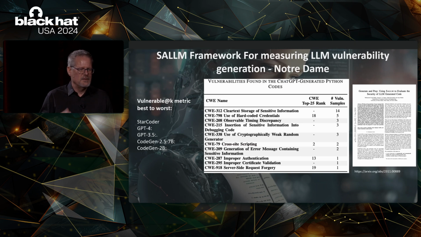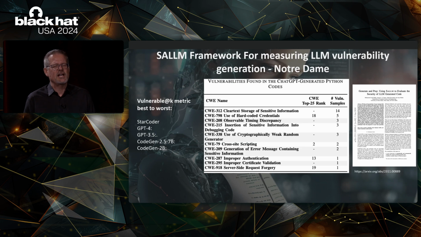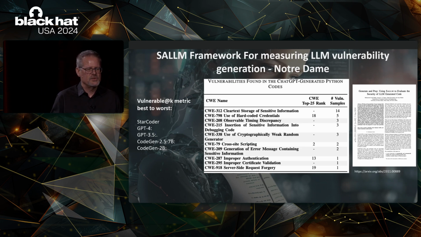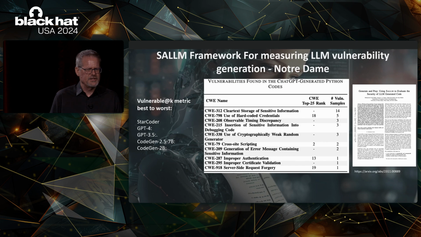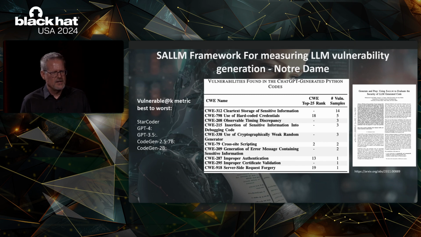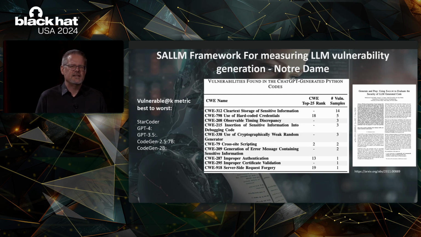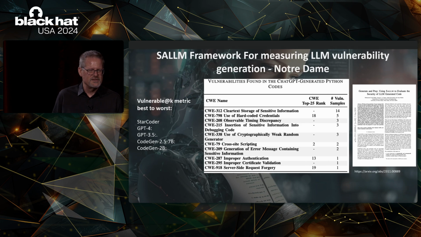And in the middle there are examples of how ChatGPT performed. This was on 100 different Python programs that they asked ChatGPT to create. And you can see right there the different CWEs that they found in the code. You know, clear text storage of sensitive information.